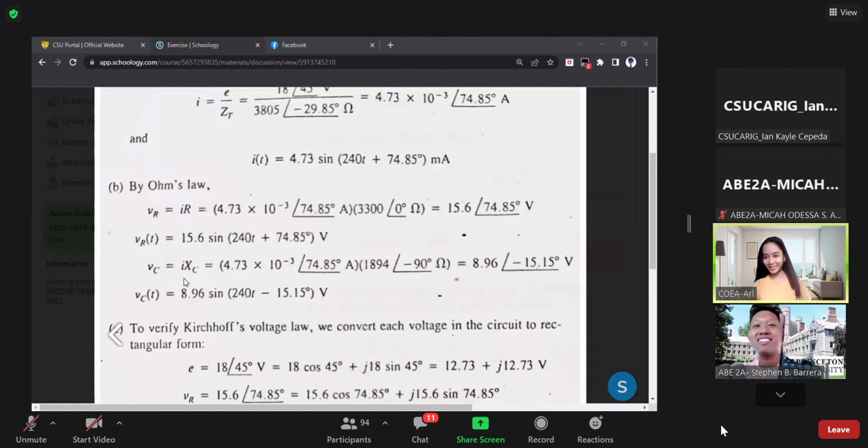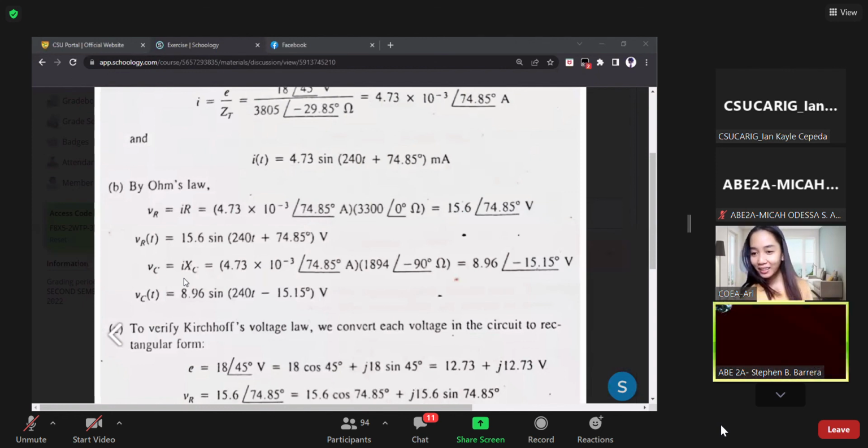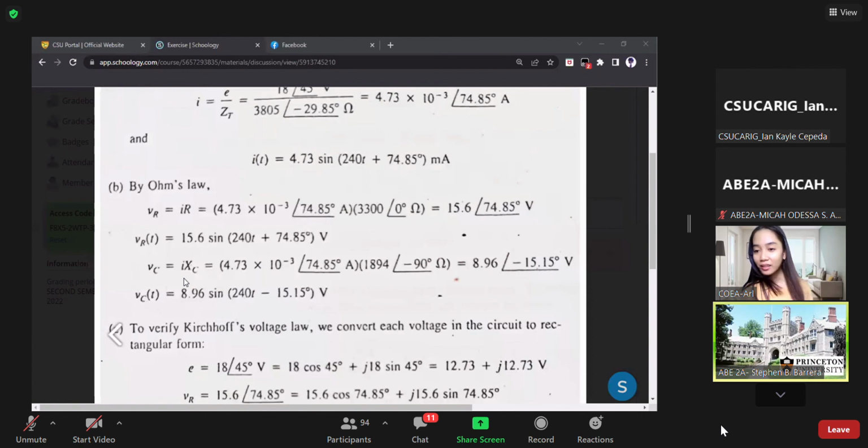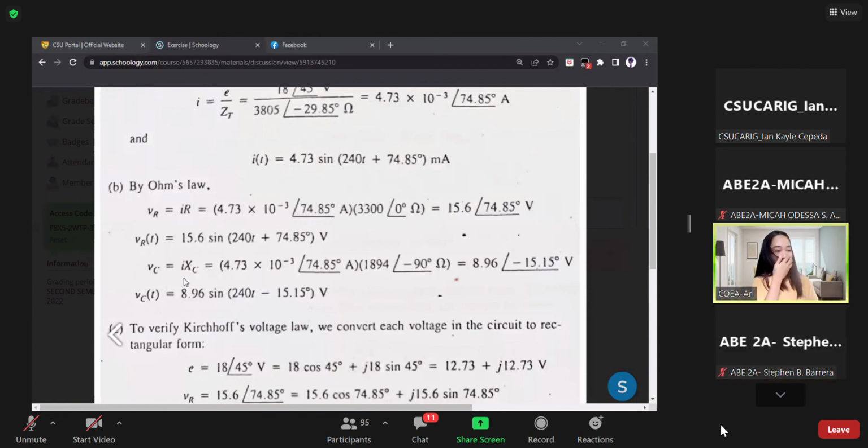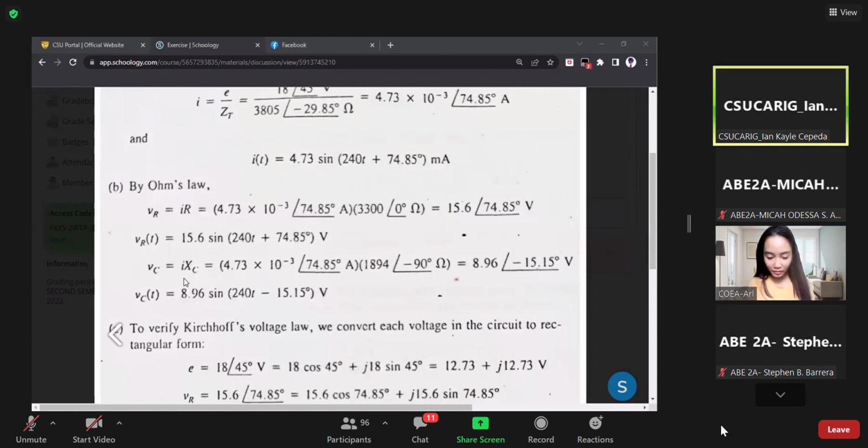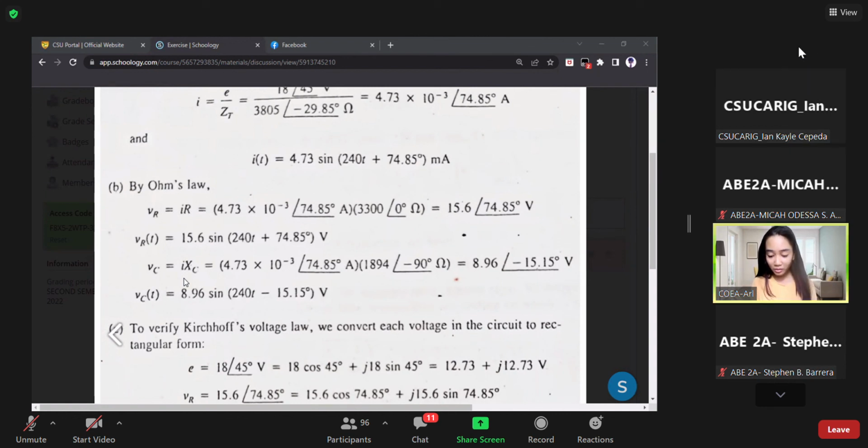Hindi, ikaw lang nakikita ko. Ma'am, picturean ko na lang pa sa GC. Sige nga, check ko lang. Yung gagamitin mo sa quiz.